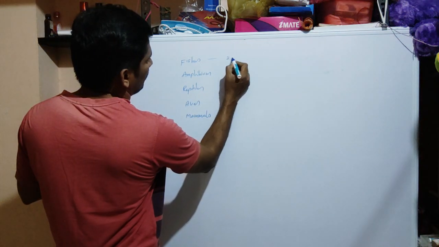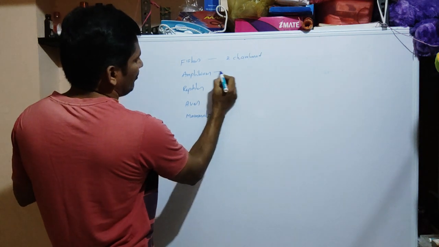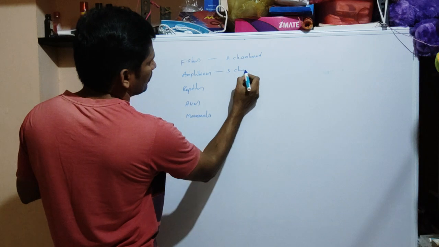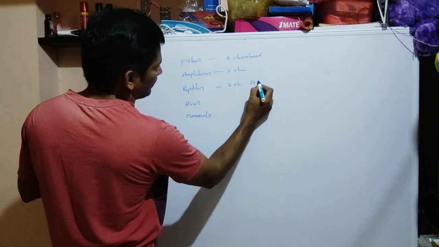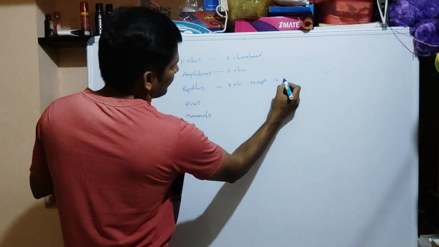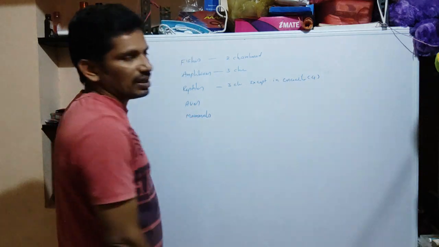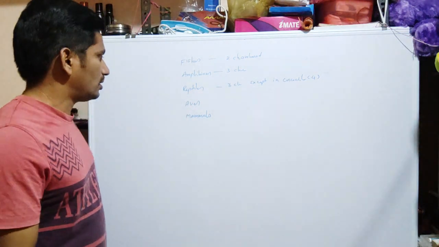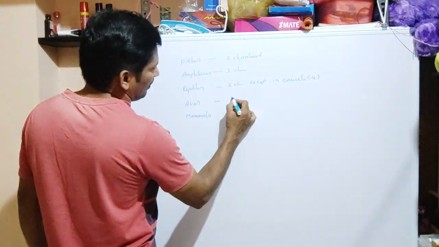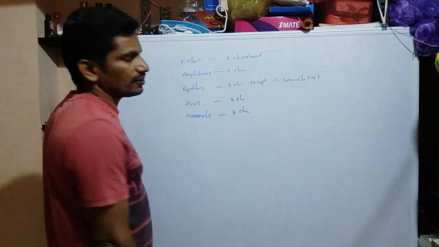Pisces have a 2-chambered heart, amphibians have a 3-chambered heart, and reptiles have a 3-chambered heart except the crocodile. Crocodiles have a 4-chambered heart. Aves have a 4-chambered heart, and mammals also have a 4-chambered heart.